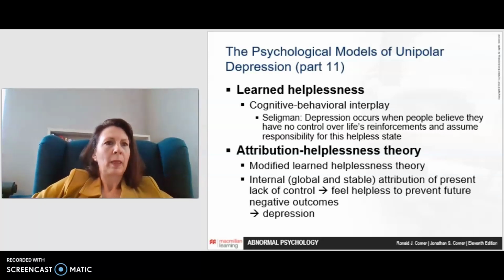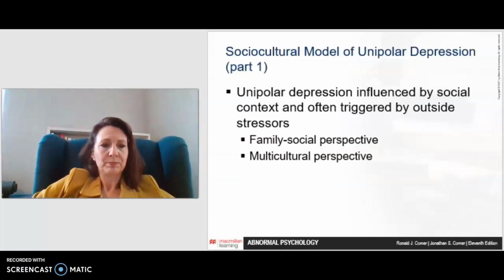As an example, I never do well in school. So that produces attribution of our present lack of control, and then we feel helpless to prevent future negative outcomes because it's not changeable based on the way that we're thinking about it, and therefore depression results.